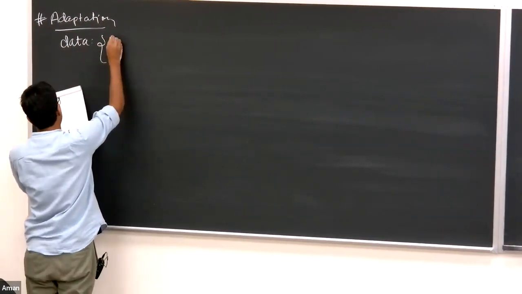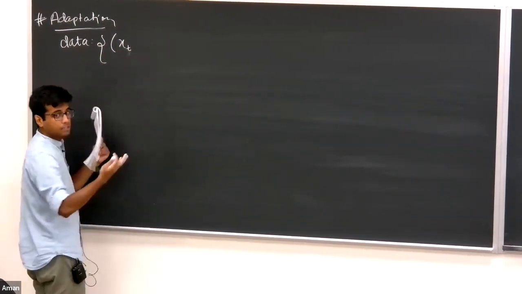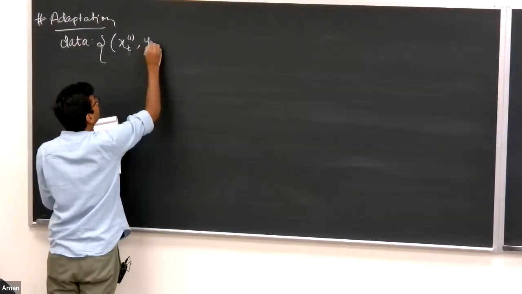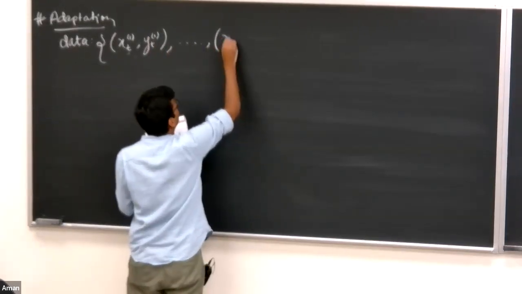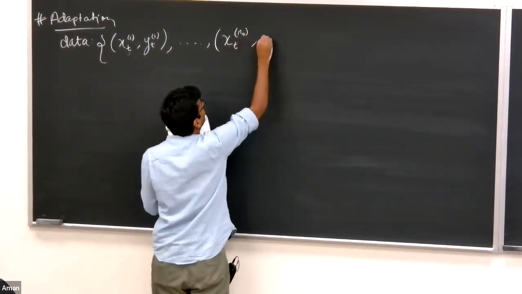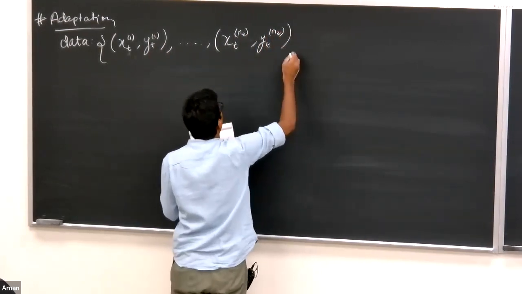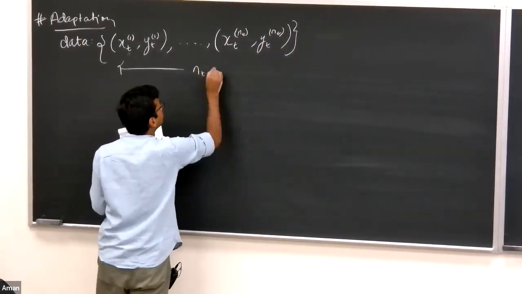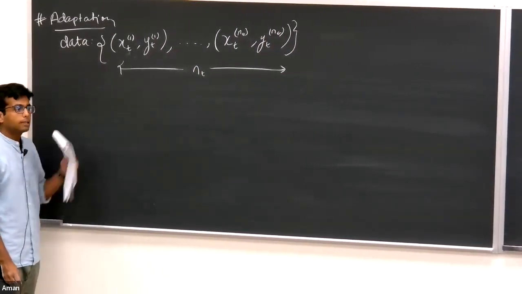You would have x t, where by t I mean that this belongs to some task, and you have a small data set where you have x t, y t paired, with N t samples on which you want to train a model, and this is task specific.